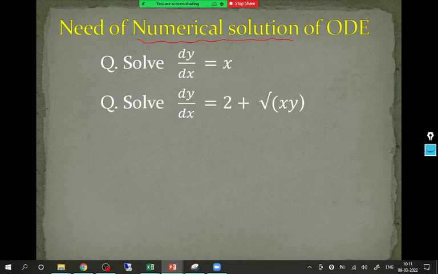Because a numerical method never gives us an exact solution. They always give us an approximate solution, with a desired accuracy. So if we are interested in getting a solution which is near to the exact, then we use a numerical method. This type of question we generally solve by a numerical method. I hope you understood the need of numerical solution of ODE. Is that clear?